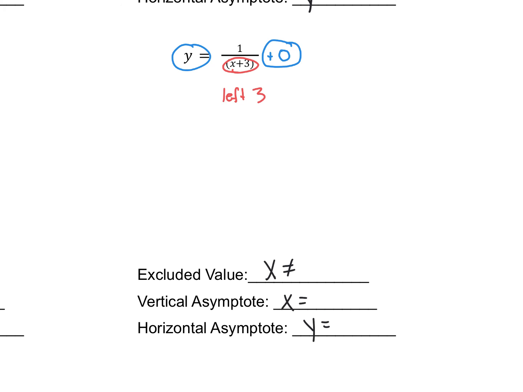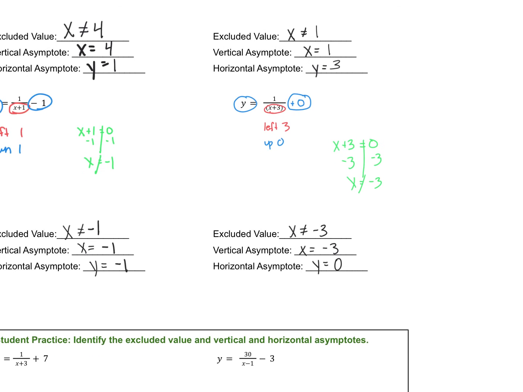Which means -3. Horizontal asymptote is going to be up 0, or y equals 0. And my excluded value should be -3, but let's go ahead and double check. X plus 3 equals 0. Let's solve it. X equals -3. Throw that line through it, and we're good to go. They are the same.